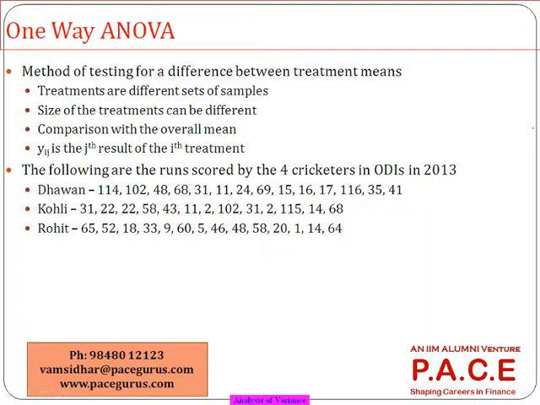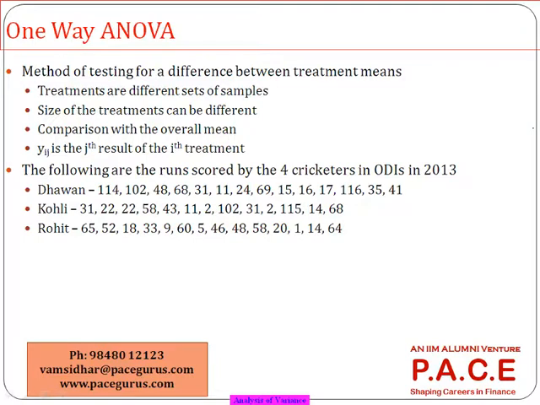But my intention here is to compare whether the mean of each of these treatments is overall in line with the overall mean of the three put together. In those kinds of scenarios, we resort to a one-way ANOVA or one-way analysis of variance procedure.